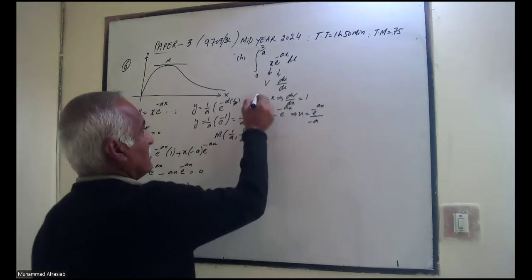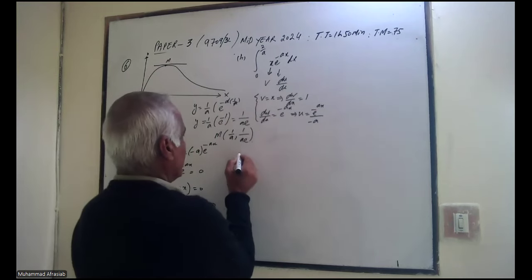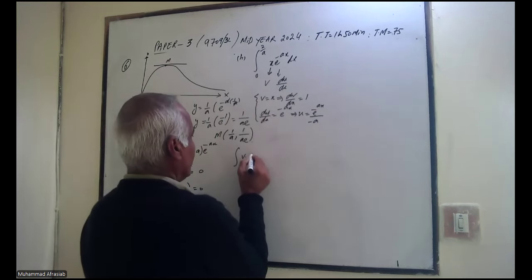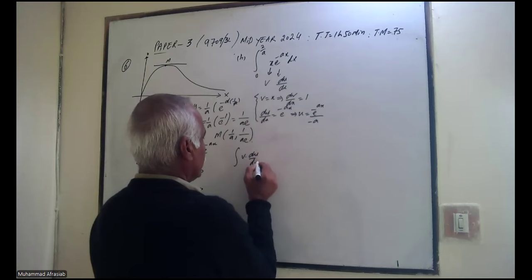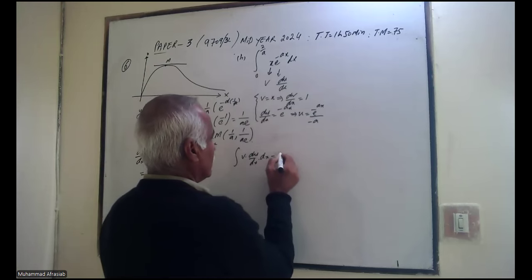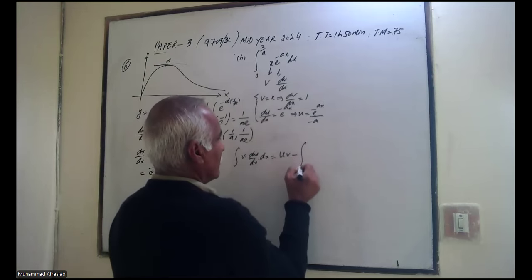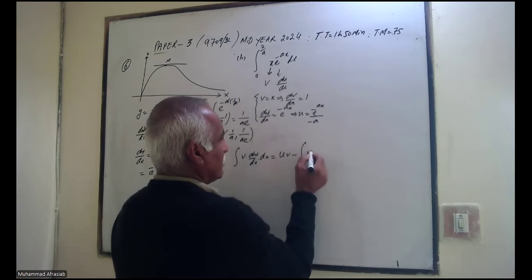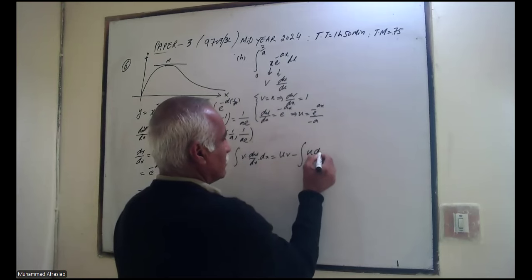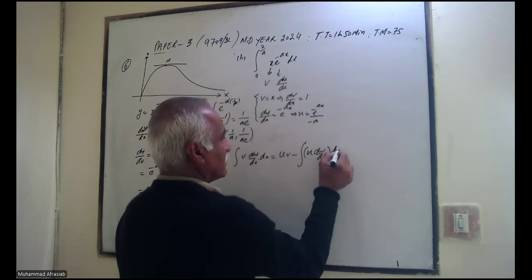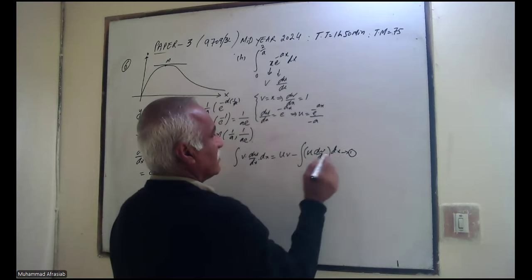So by using this and putting into this equation, the integral of u dv by dx into dx is equal to uv minus the integral of v into du by dx into dx. This is integration by parts.